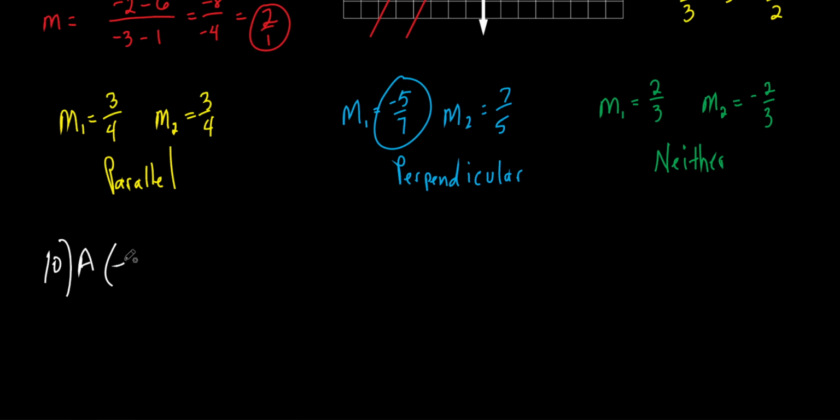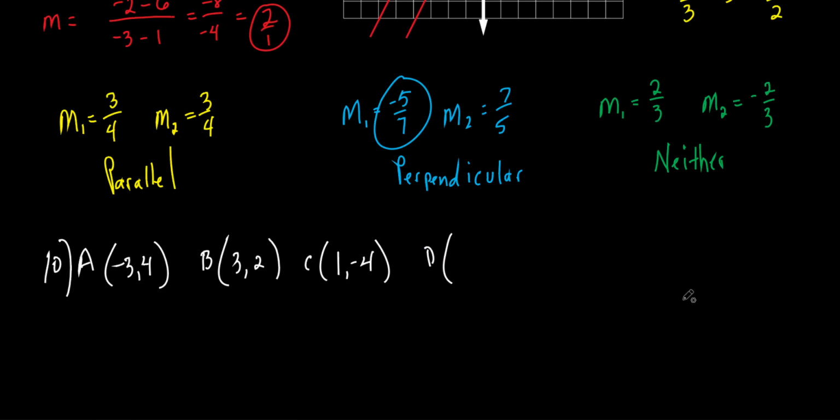Not everybody is. I'm going to give you 4 points. There's point A, there's point B, here's point C. It's 1, -4. And then here's point D, and that is -2, -3.